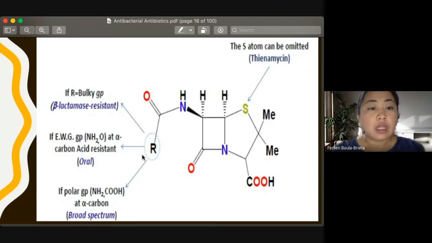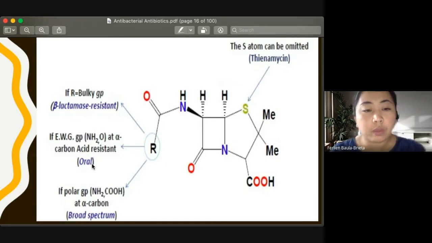So it will not be inactivated by the beta-lactamase enzyme. Okay? Now, if the R will be substituted by an electron withdrawing group, like your amines and your oxygen, it will allow acid resistance. So acid resistance allows oral administration.